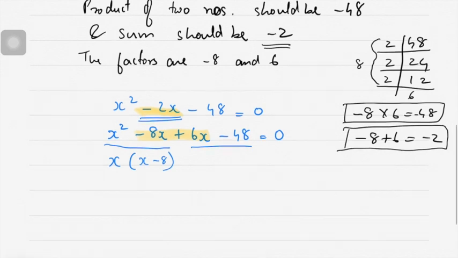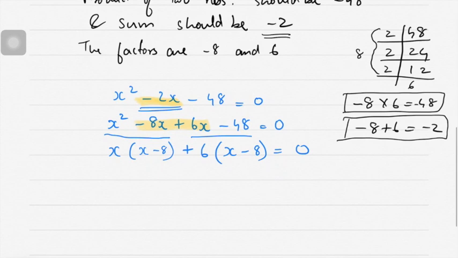I want x minus 8 in the bracket, so I am taking only 6 out. I am not taking minus 6 out. We'll do a few more problems, then you will understand what I am saying. So plus 6, I'll take that out. So what is remaining? x minus 8 is remaining, is equal to 0.